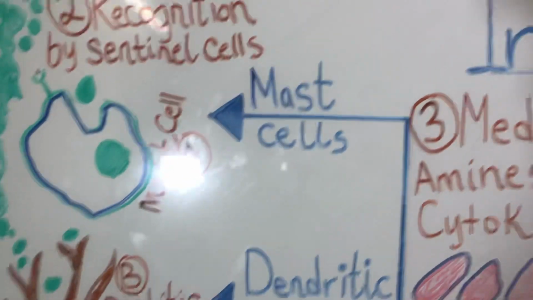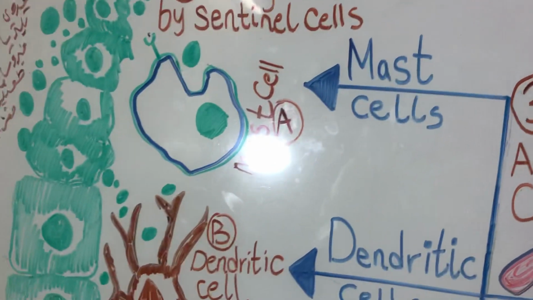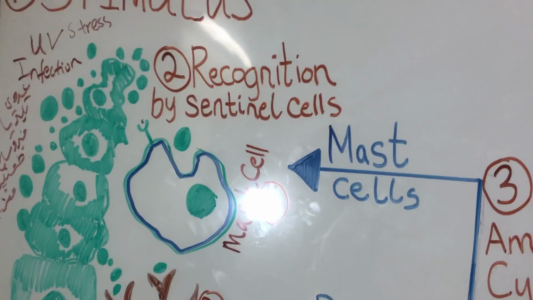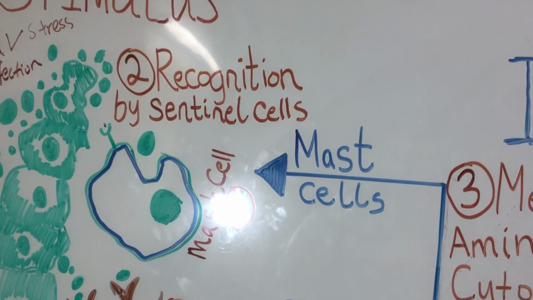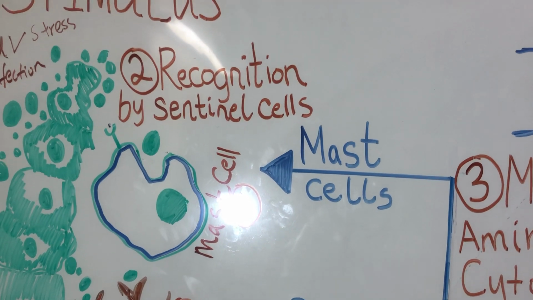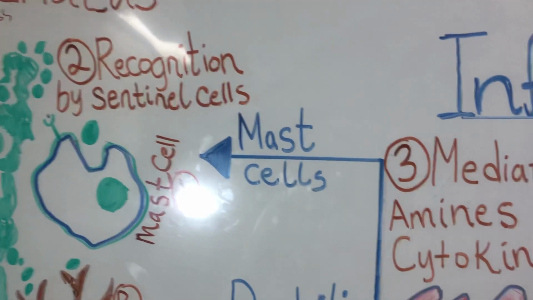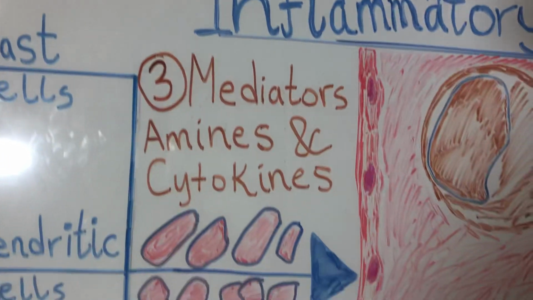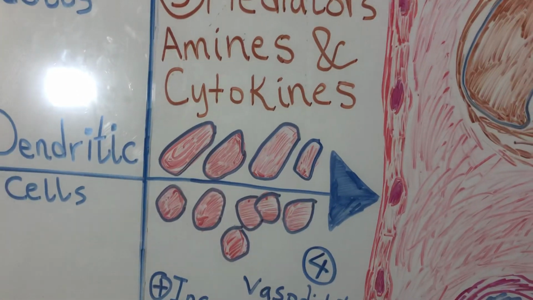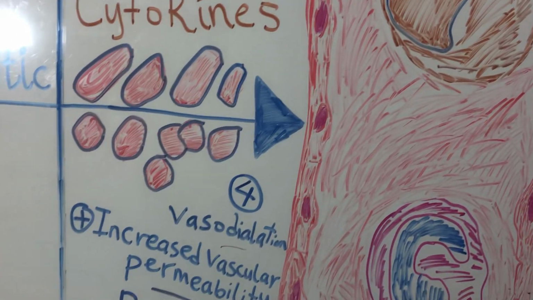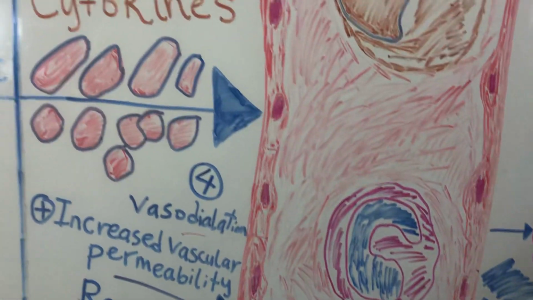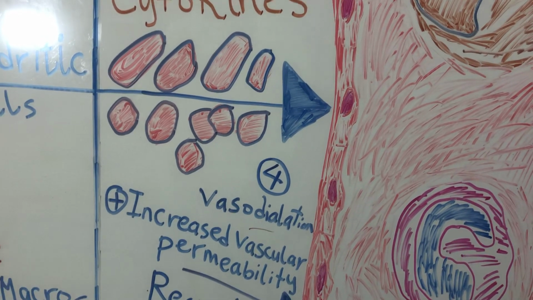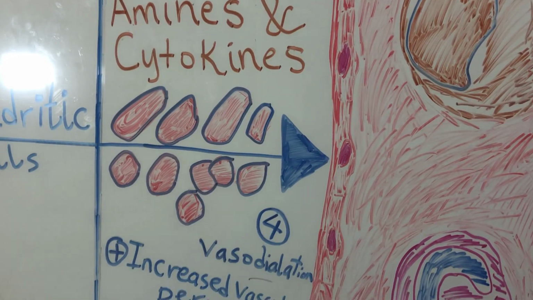The third step: those mast cells, dendritic cells, and macrophages that are resident in the tissues are the front line, the first responders. They secrete mediators such as vasoactive amines and cytokines. These cytokines cause vasodilation, and the vasodilation increases the blood flow to the site of the inflammation from which cytokines are being released.